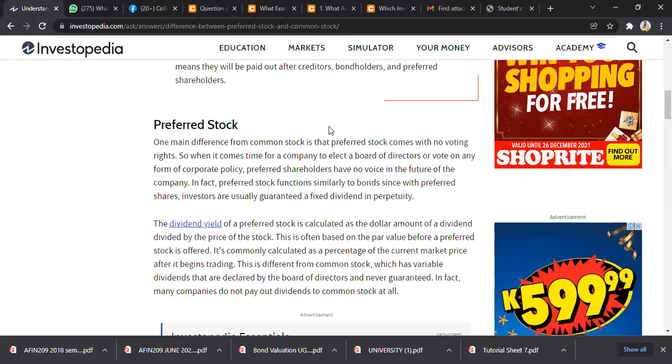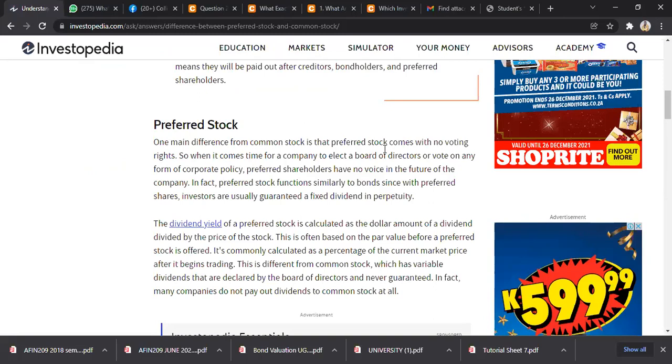These ones do not have any voting rights. They are part of a company with no voice for the future and are mainly speculative, who are given a guaranteed fixed dividend in perpetuity. So I've given you the formula for the preferred shareholders.